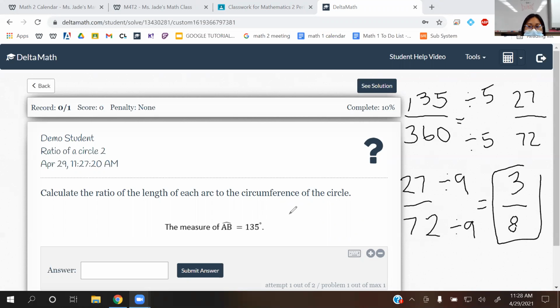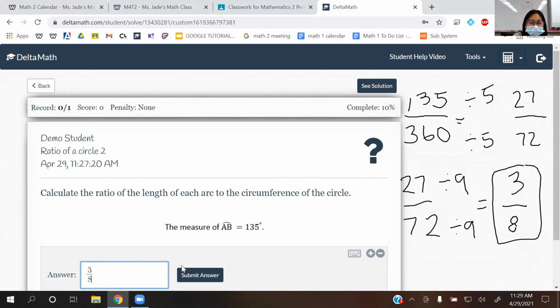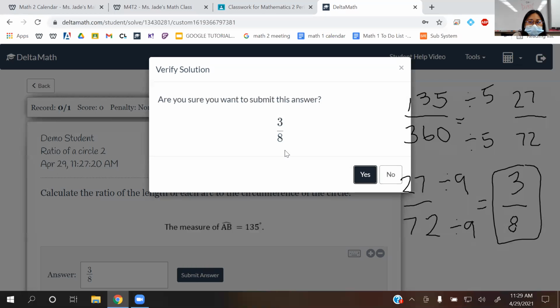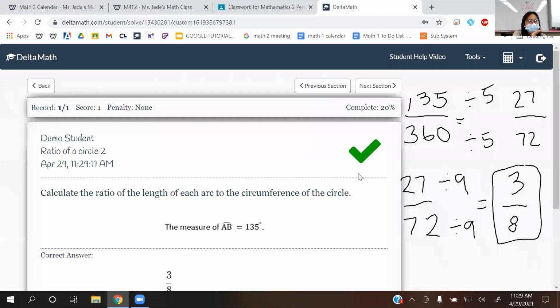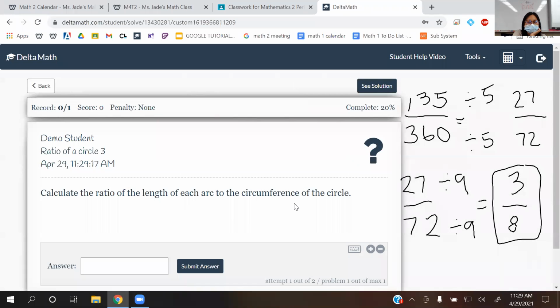So then my final answer is 3/8. And then let's see, are there any questions on this one? So everybody submit 3/8. You should all get this correct. And let's do another example. But hopefully you're getting the hang of it.